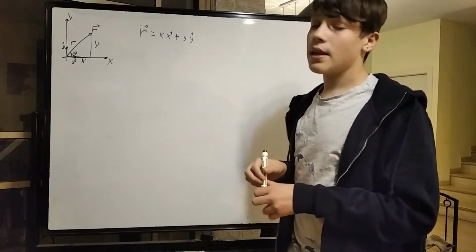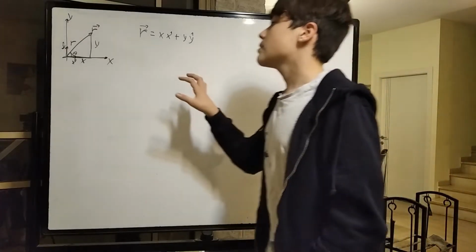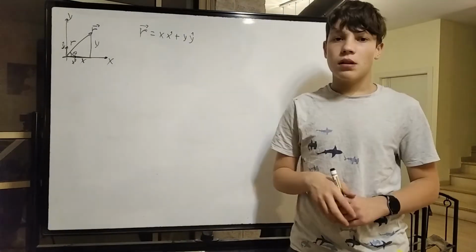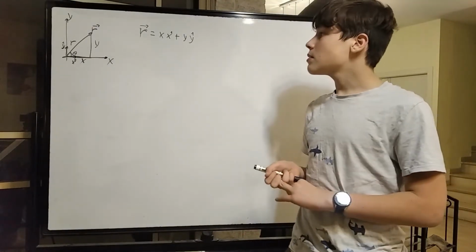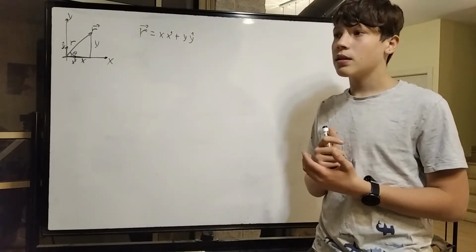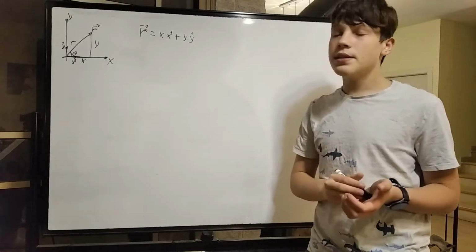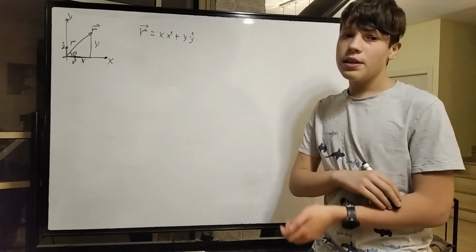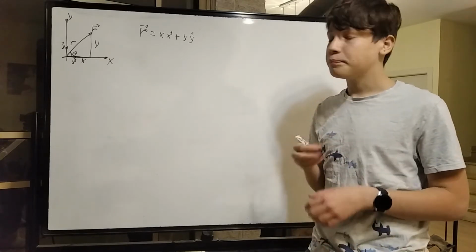And using those, we can describe any vector we want on the plane. For most problems, these are x hat and y hat, sometimes z hat. These are usually all the ones you need.